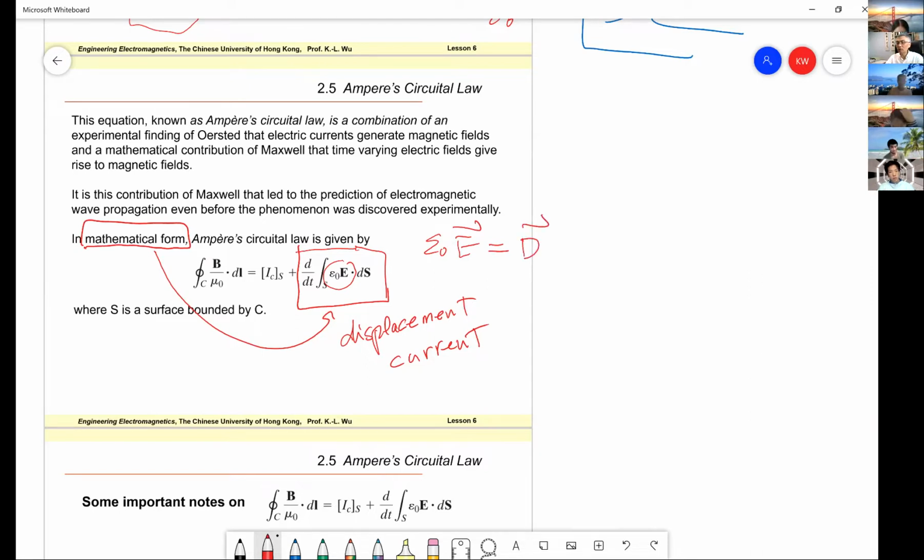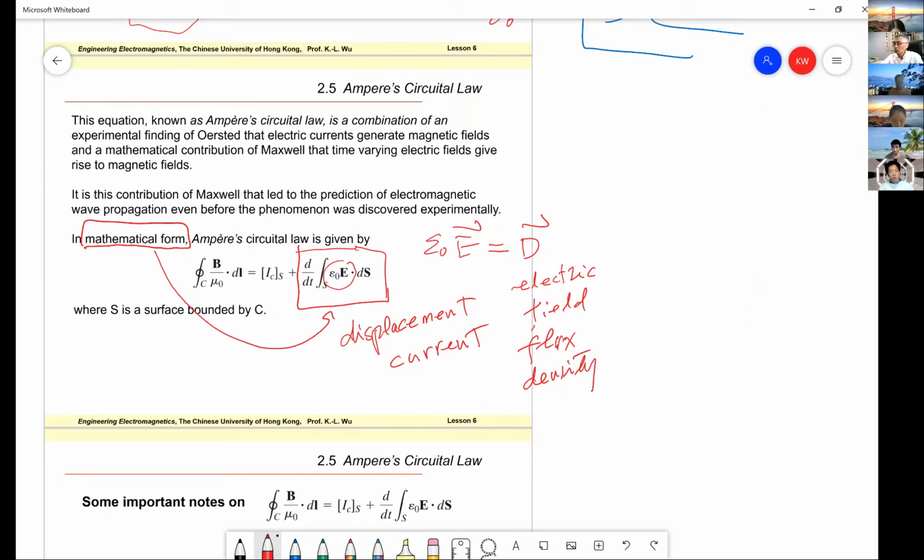This is called electric field flux density. You see, both the electric field and the magnetic field have a quantity called flux density. And both also have another quantity called field intensity. Now we get used to it, right?